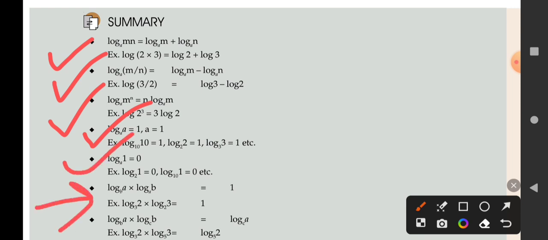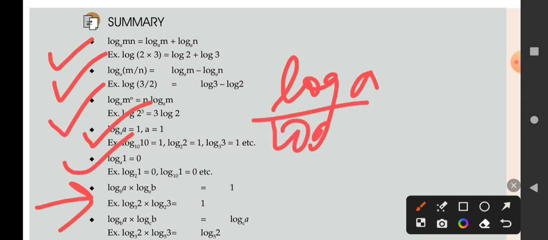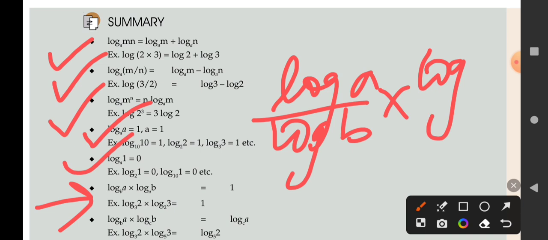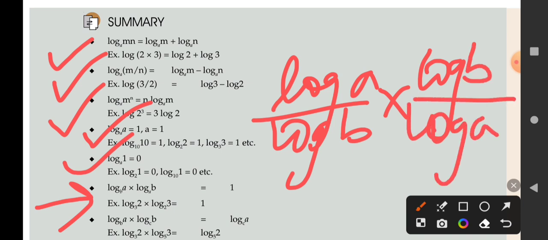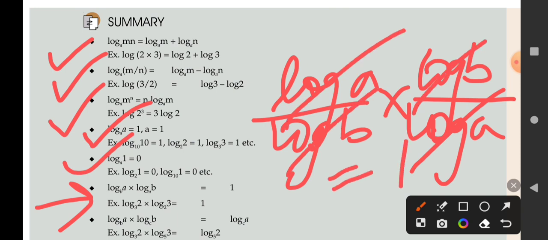Now change of bases means log a to the base b. You can split it like this, into log b to the base a, and everything gets cancelled, which becomes equals to 1.